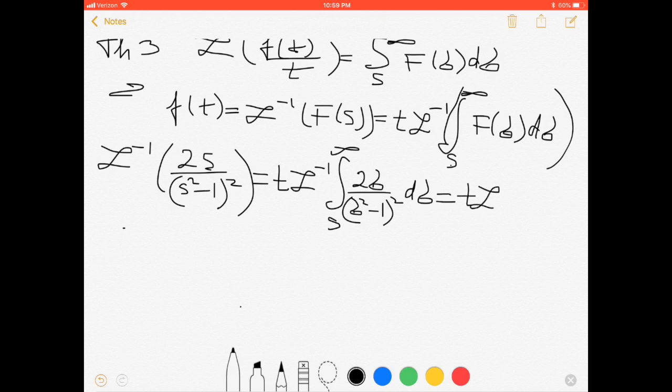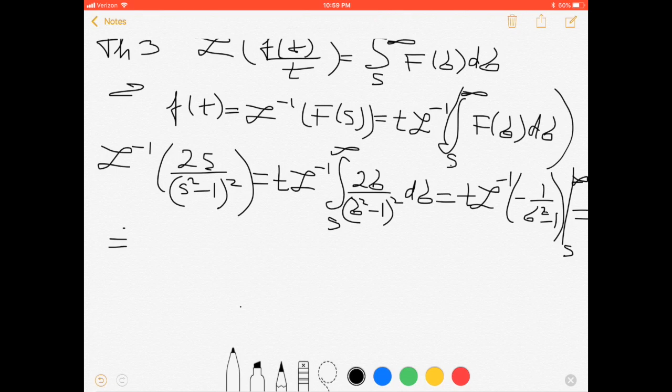It will be t times the inverse Laplace of minus 1 over sigma square minus 1, where you need to plug in s and infinity. 1 over infinity is 0. This means if you plug in infinity, it will be 0.